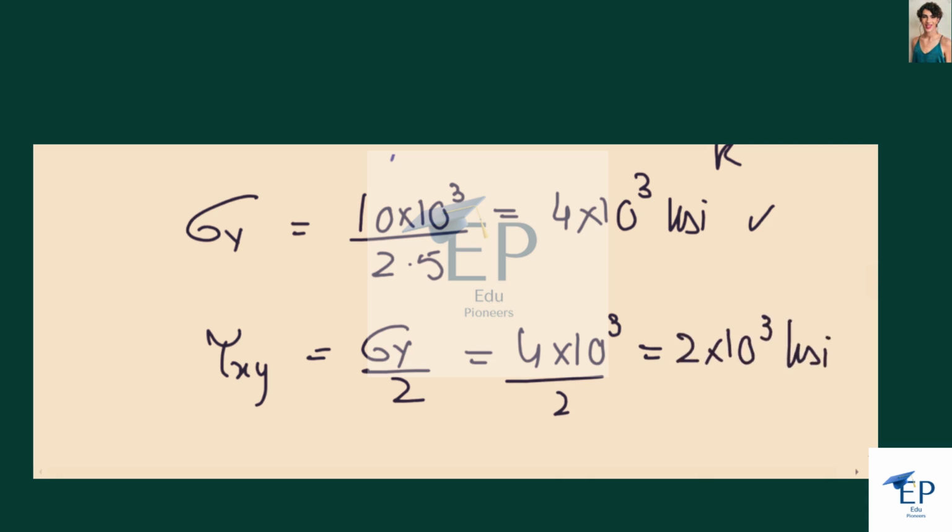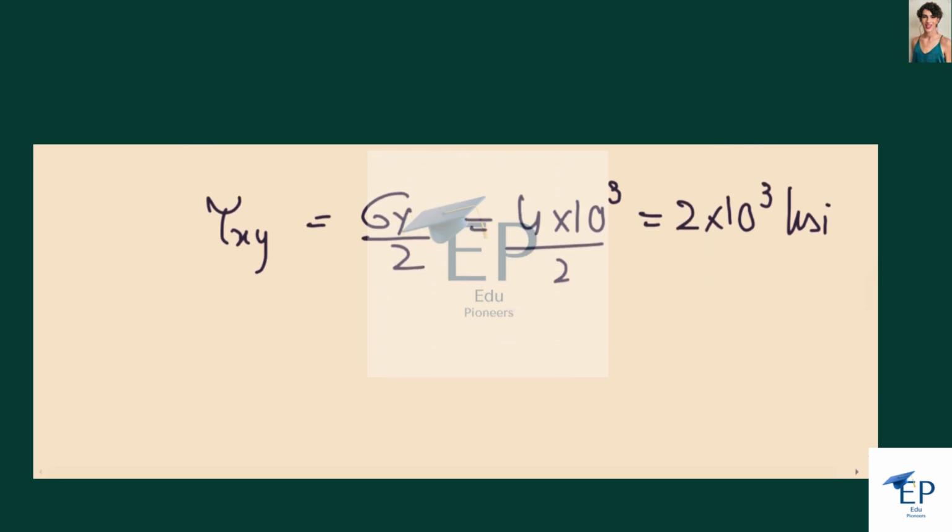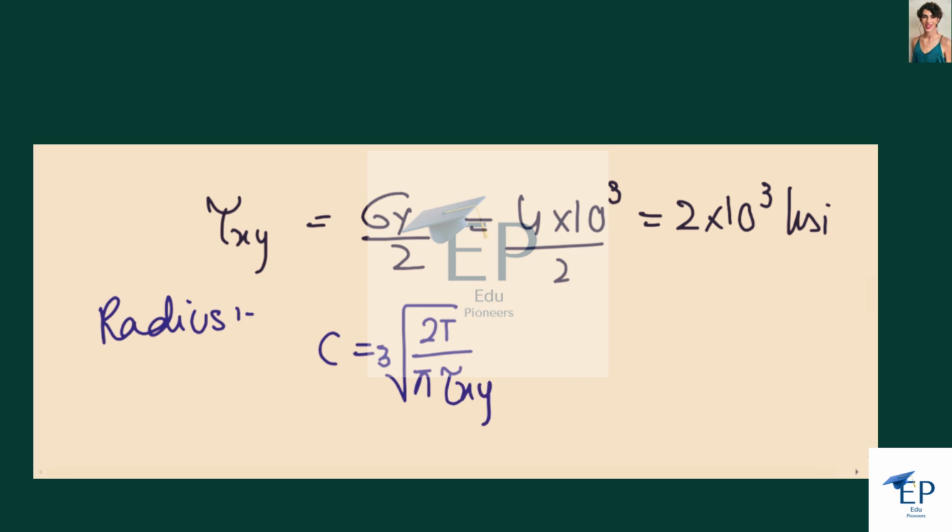Now finally we can find the radius and from there the diameter, right? For the radius, c is equal to the cube root. We just calculated all of these equations above, so I'm just using them, doing nothing else over here. That is 2T divided by pi times the shear stress.